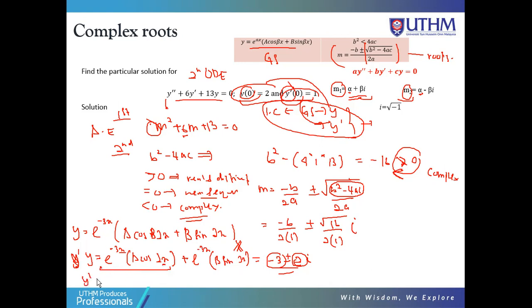This one also has x, so you need to use the product rule twice to complete y prime.